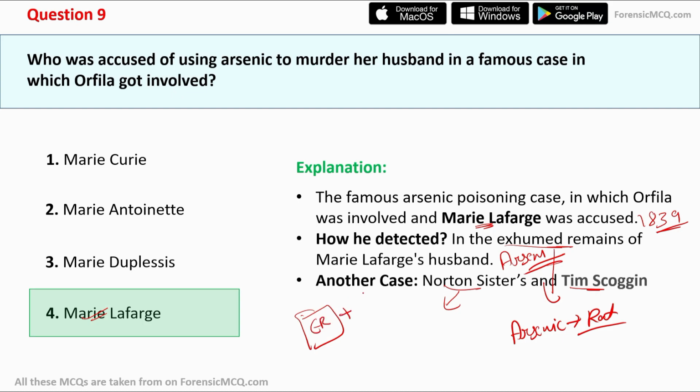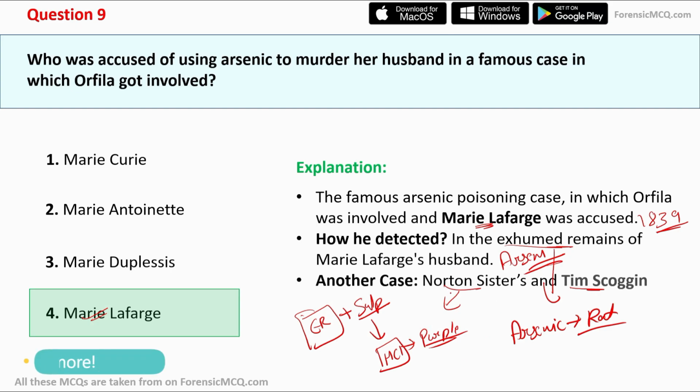They added dilute sulfuric acid, which destroys all organic matter, and after that, the sample was boiled in hydrochloric acid, HCl. After that, there was an intense purple color that indicated arsenic was consumed by the sisters.